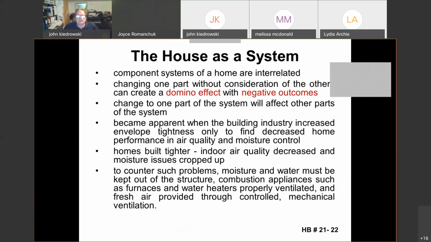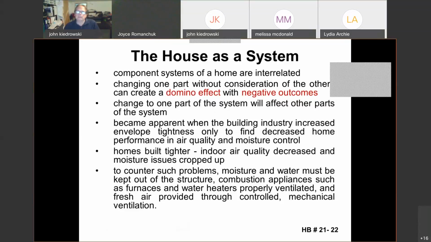So as we can see, it became apparent when the building industry increased the envelope tightness, which was, again, a building code thing, and trying to create better energy efficiency and less heat loss out of the house. What they really did is they created almost like an airtight baggie in a way. So it decreased the home's performance and air quality, and also the ability to control the moisture that's potentially trapped within that building envelope.